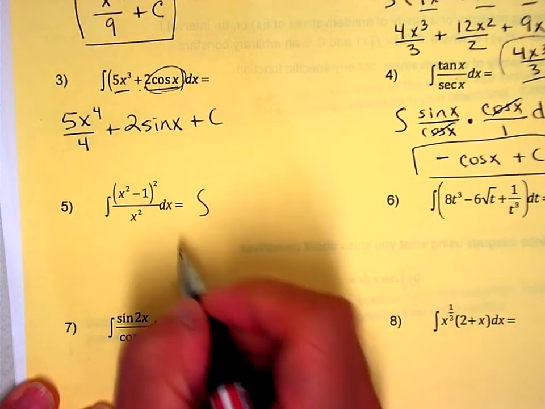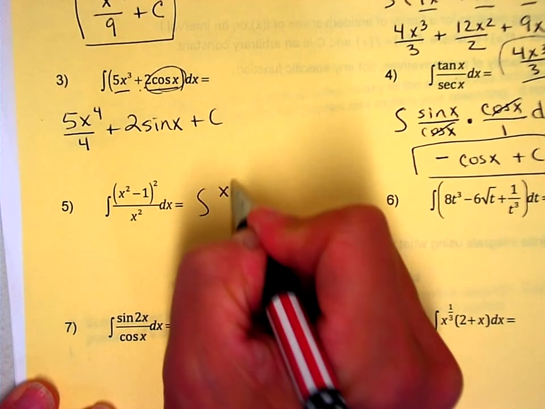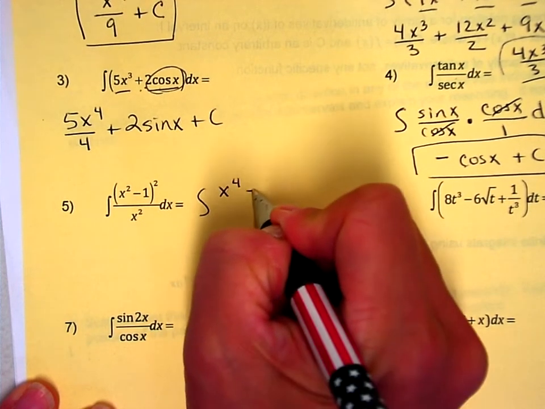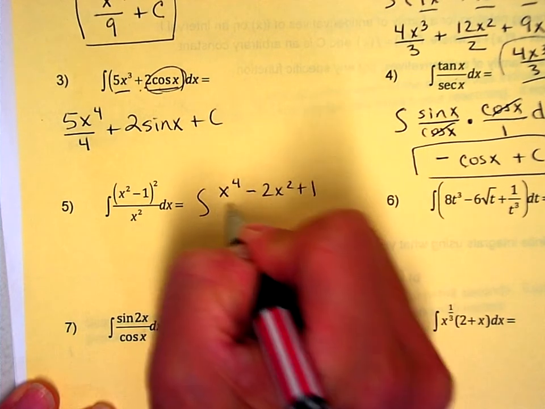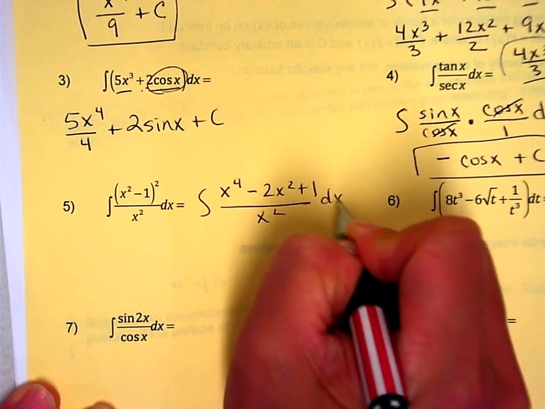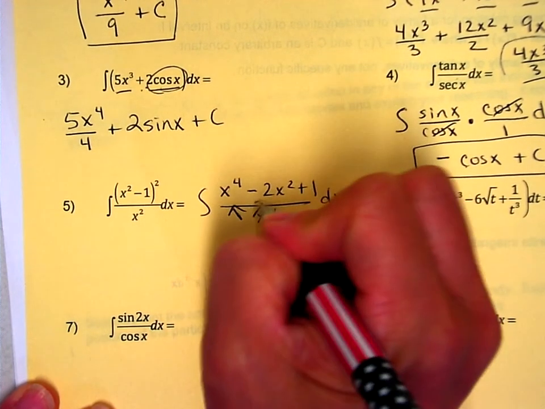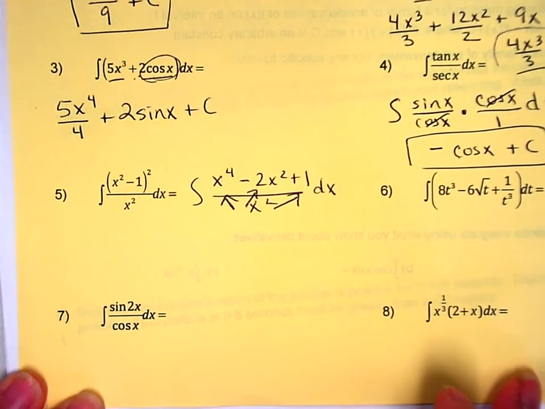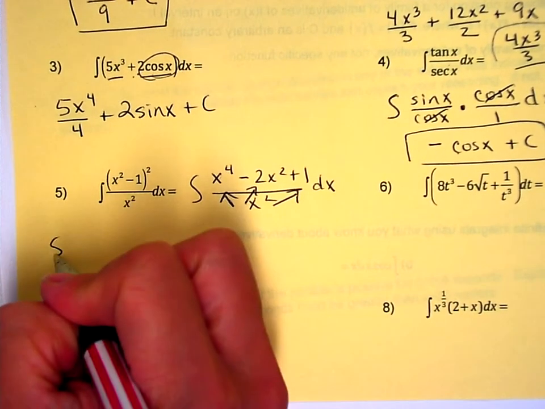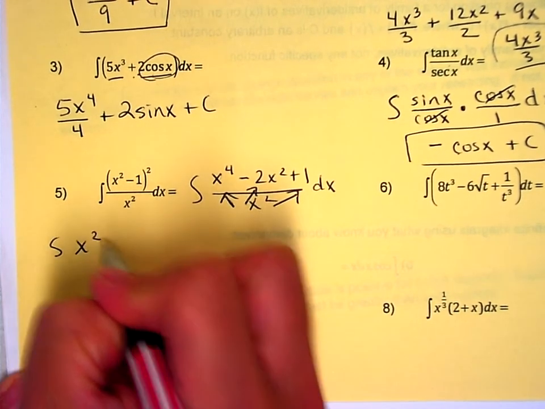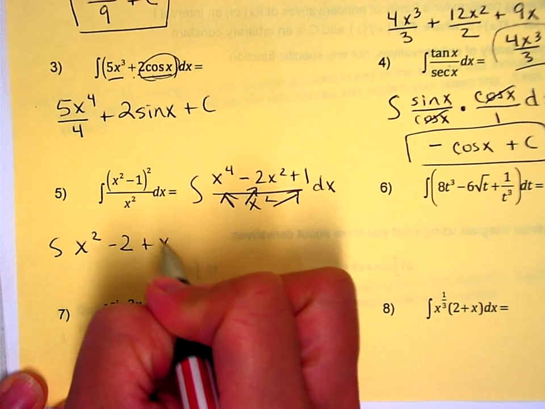This one, again, you've got quotients going on. There is no quotient rule, so you're going to have to multiply everything out. So the top is x to the 4th minus 2x squared plus 1. I still have a quotient, but if you have just one term on the bottom, you can divide each term through by that. So this can be rewritten as x squared minus 2 plus x to the negative 2.